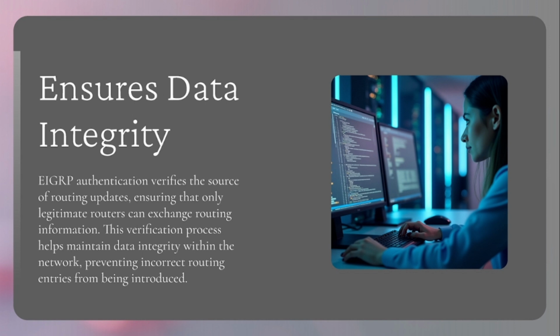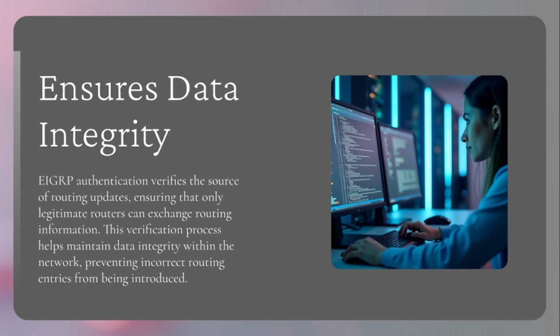Now, what is the importance of EIGRP authentication? First of all, it ensures data integrity. EIGRP authentication verifies the source of the routing updates and ensures that only legitimate routers can exchange routing information. This is a very important point. The illegitimate routers or attacker routers should not be given any chance of exchanging routing updates, because EIGRP exchanges routing updates with hello packets at the multicast address 224.0.0.10, as we know.